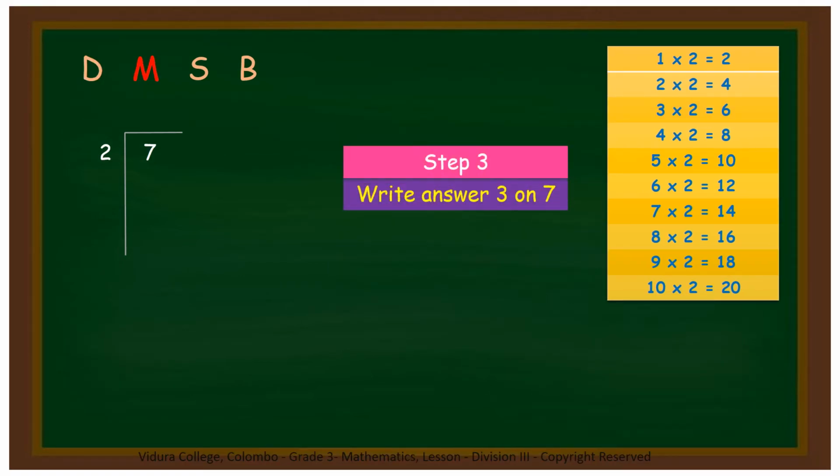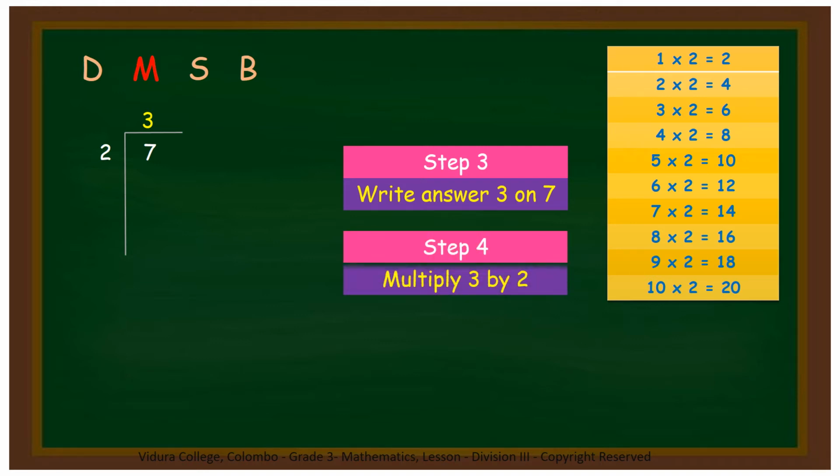Step 3. Write answer 3 on 7. Step 4. Multiply 3 by 2. 3 times 2, 6.